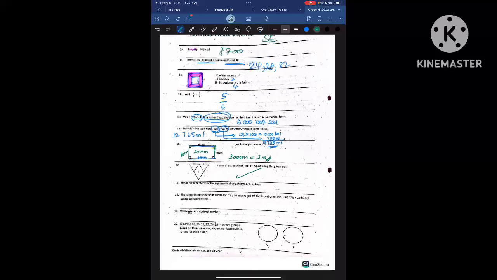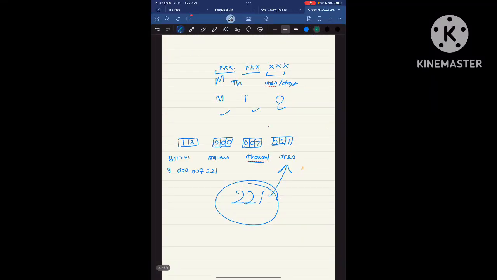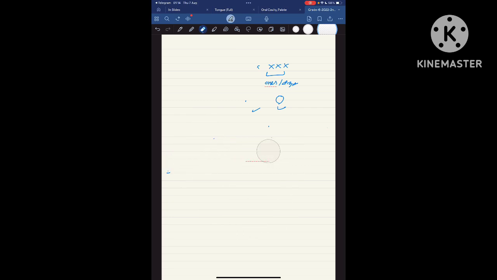1, 4, 9, 16. How to get the square number patterns? The first square number is 1 times 1, which is 1. Second square number is 2 times 2, which is 4.